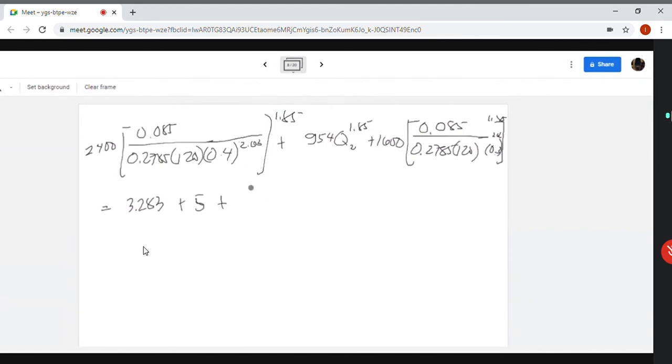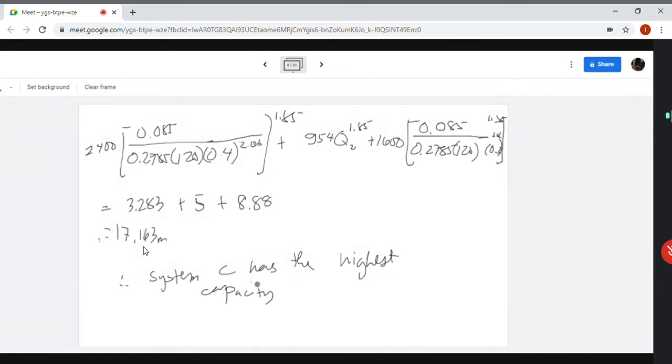So this is 8.88. So 3.283 plus 5 plus 8.88 is 17.163 meters. Therefore, system C has the highest capacity. Question?